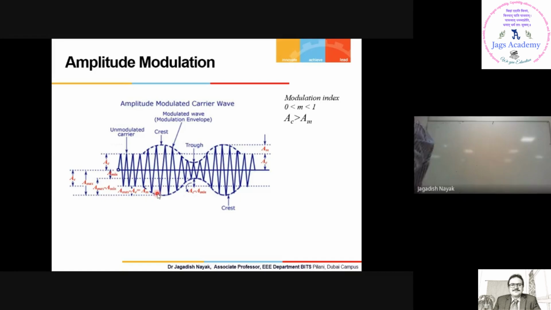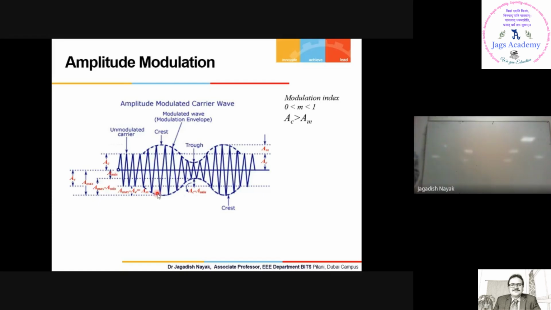That's why you take the readings from the CRO when you do it in the lab. Just take this distance and this distance, then calculate the modulation index. That's the only purpose. To calculate modulation index from the waveform, we use this.